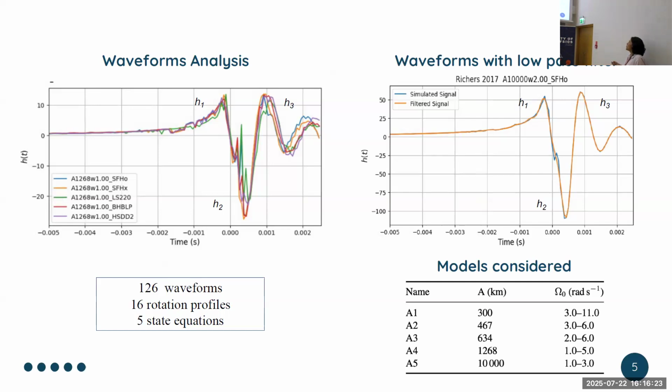So as Milan showed, this is the waveform that Milan showed, and we can see that we reduced the noise. Now we will consider only these characteristics for the parameter A and the initial rotations in this range, because we saw that analytically they are the best to do the analysis.